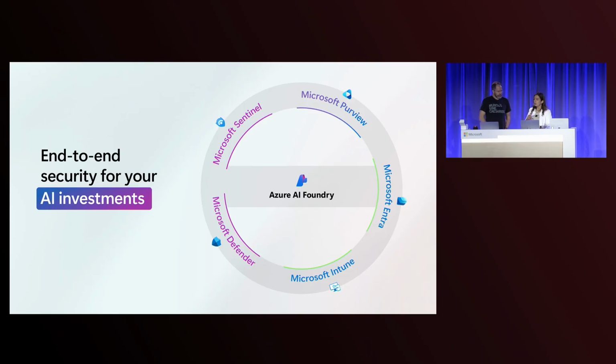Something we will mention, which is very important, is what we do around end-to-end security, and the integration with Foundry across the different stack of Microsoft security products. First, agents that you're creating get a specific identity on Entra.